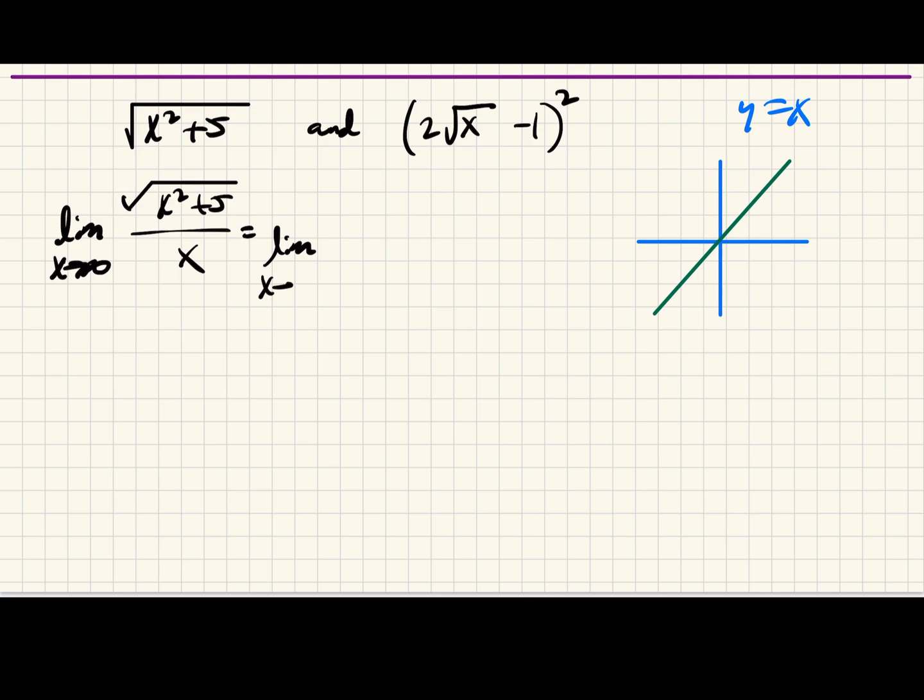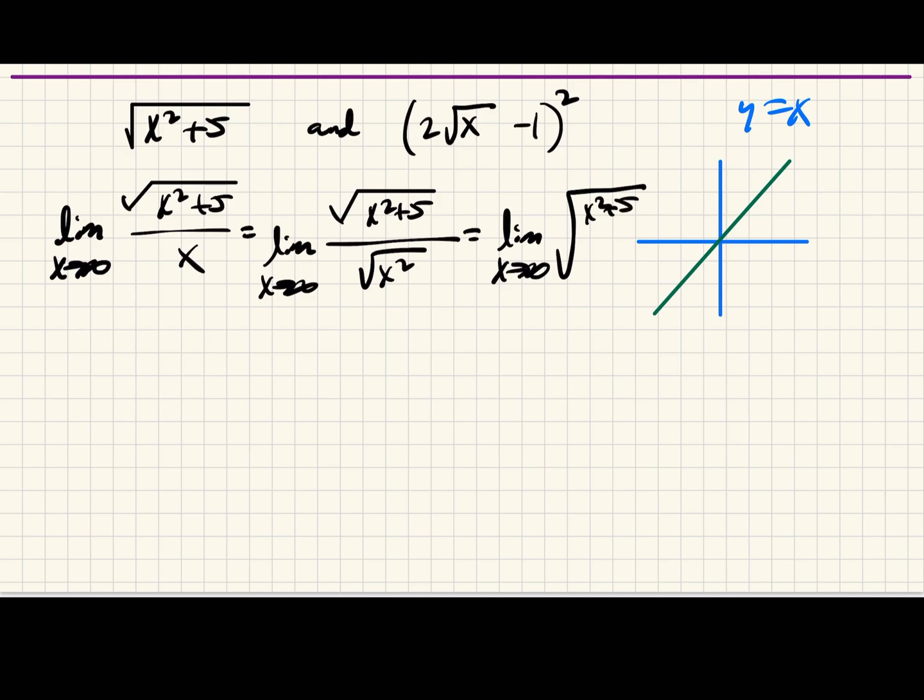I could write that as the square root of x squared plus 5 over the square root of x squared. Why would I do that? Well, because when I have a square root on top and a square root on bottom, I can make it all one big square root, right? So this would be the limit as x goes to infinity of the big square root of x squared plus 5 over x squared.